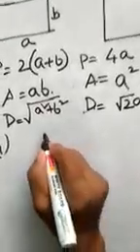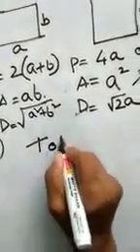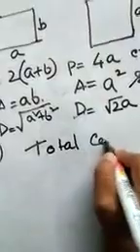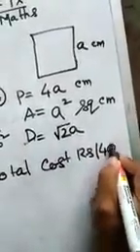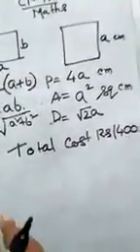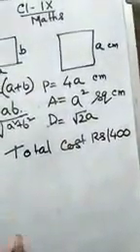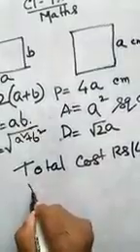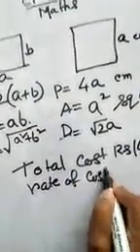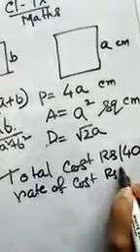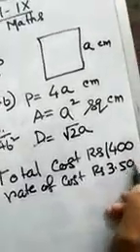So we can write: total cost rupees 1400, it is given, and rate of cost rupees 3.50, it is also given.